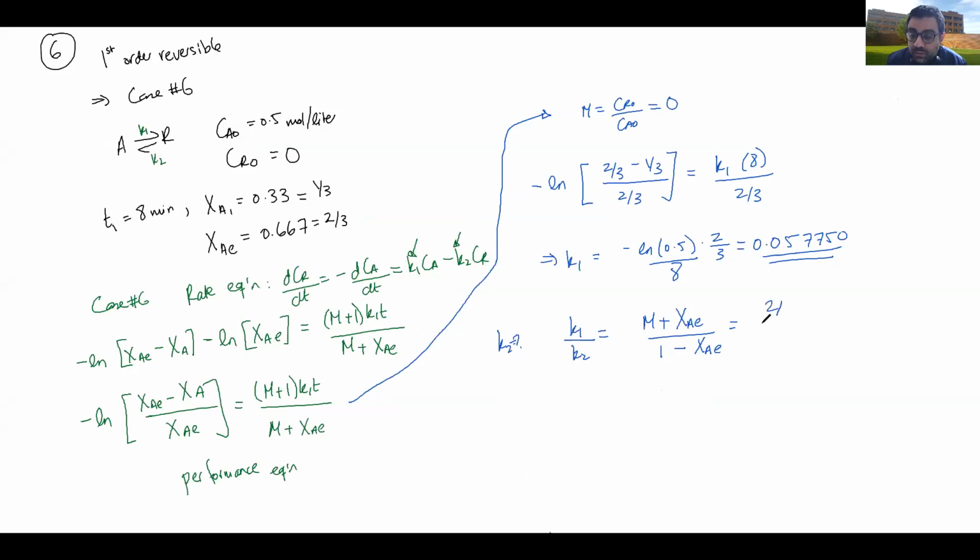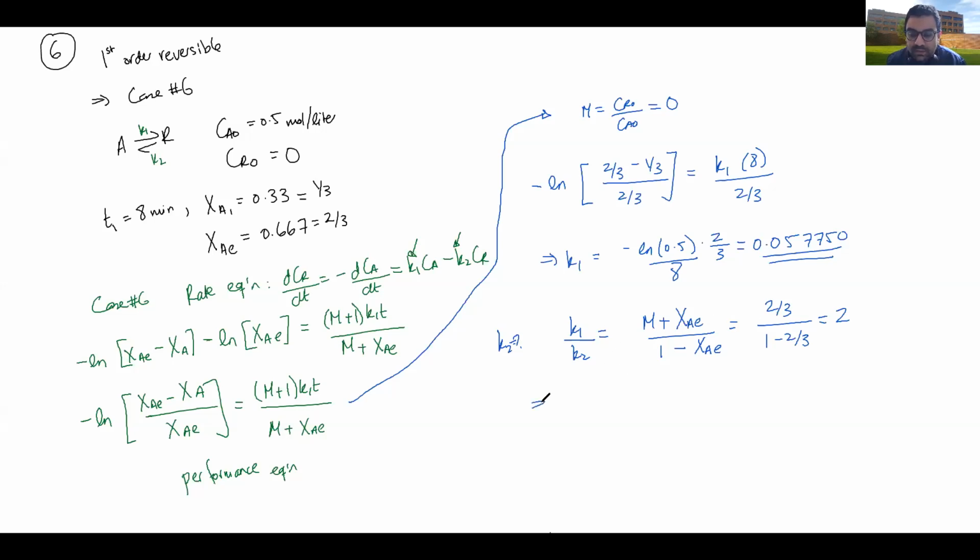So I get 2 over 3 divided by 1 minus 2 over 3, which is 1 over 3, and this is basically 2.